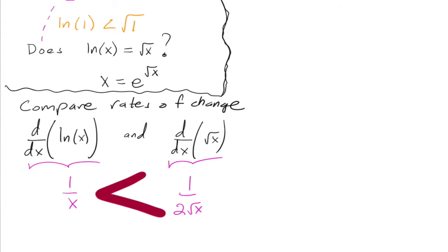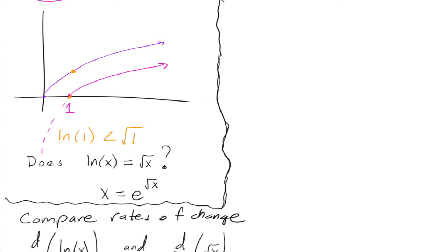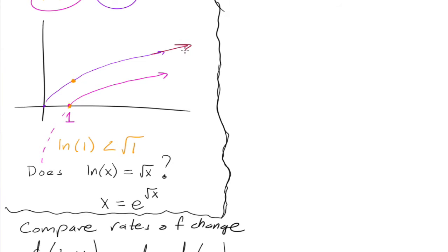So if the question is, do they ever intersect? Well, obviously they are not, because what I've just shown is that this one is increasing at a faster rate than this one is. So they're never going to touch, right? Does that make sense?